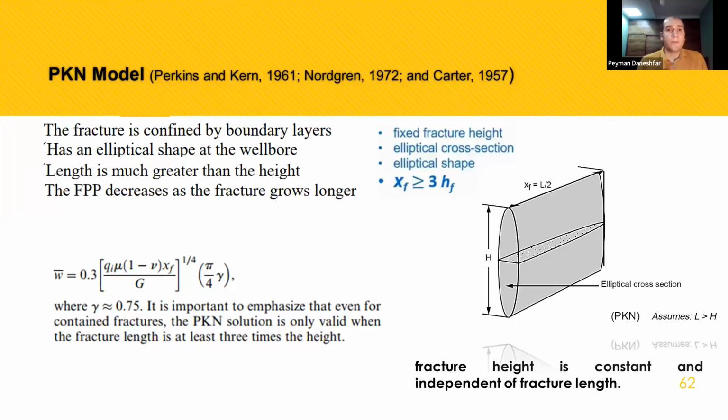A PKN model has an elliptical shape at the wellbore. You can see here the elliptical shape at the wellbore, and the fracture propagation decreases as the fracture grows longer. Please find this formula, which gives us the average width in inches.